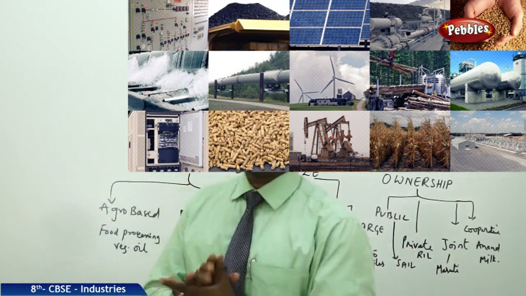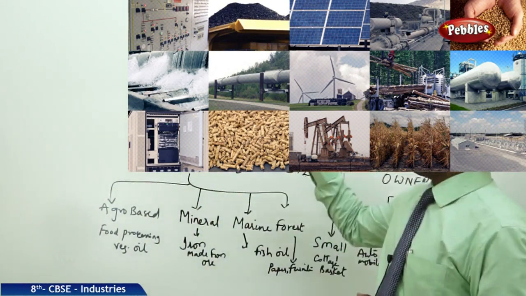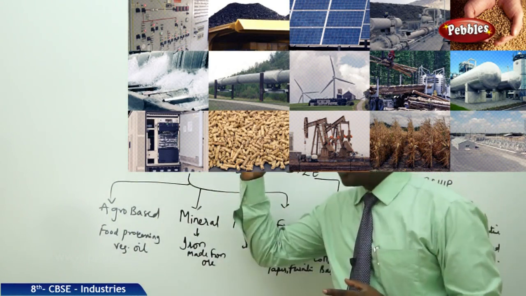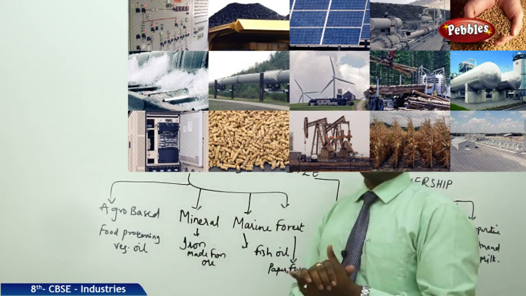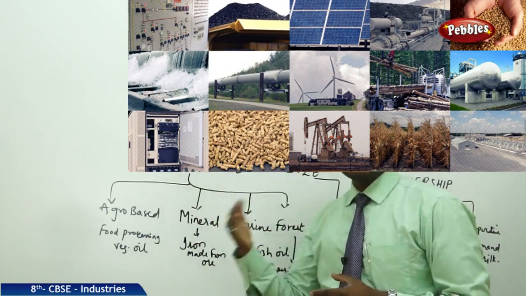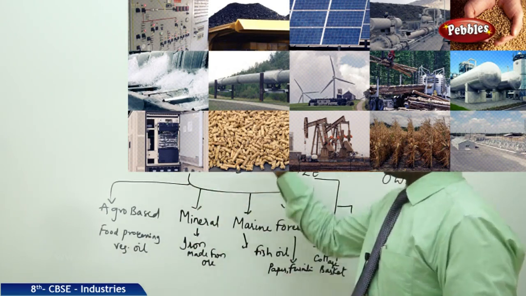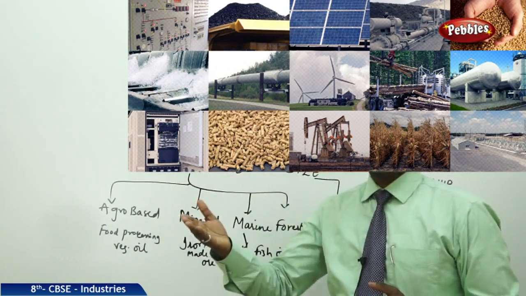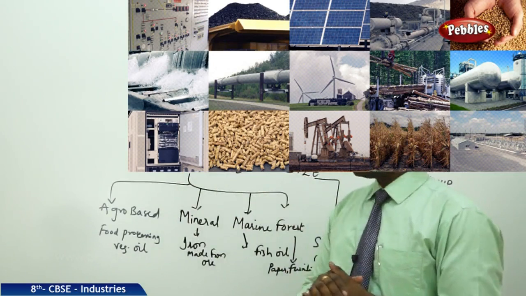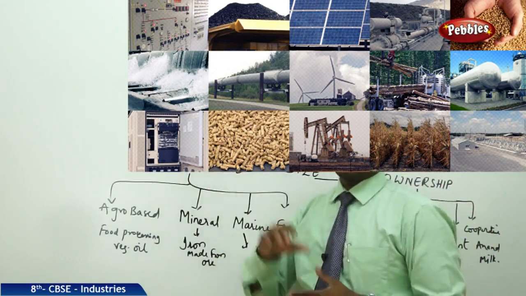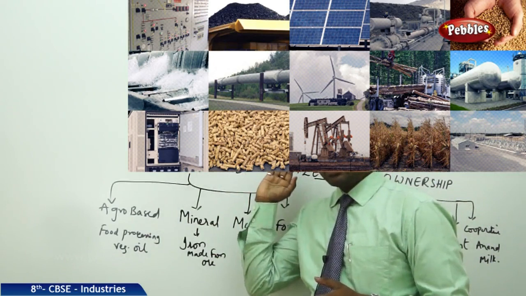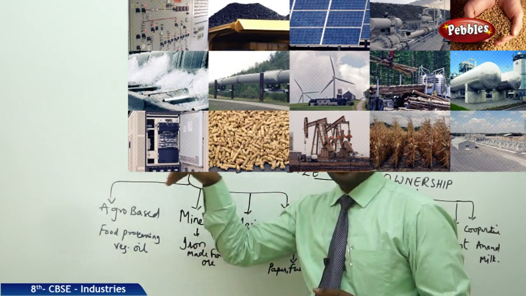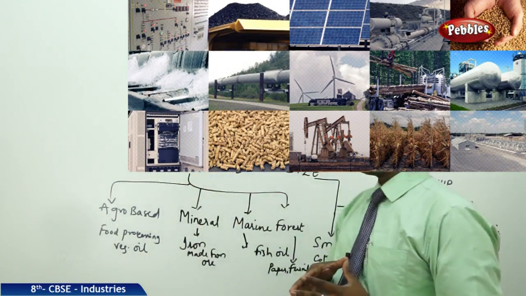In raw material, the first criterion, again we have classification based on where we are getting the raw material from. From which category are we getting the raw material? If we are getting it from agricultural products, the industries are known as agro-based industries. The industry which gets its raw material from an agricultural background is known as an agro-based industry.